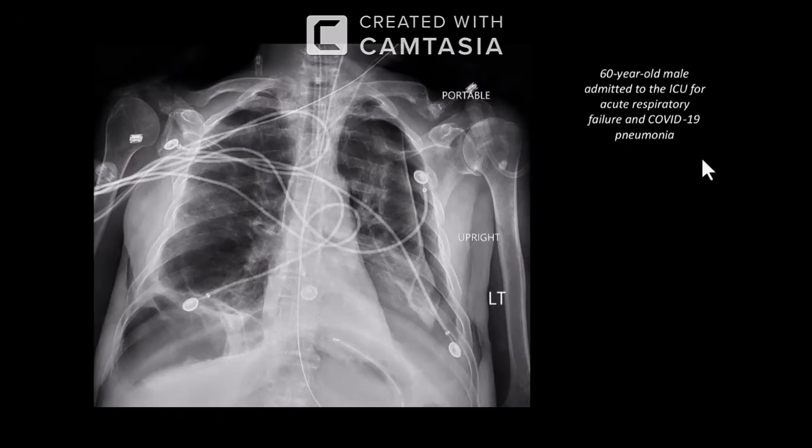So putting it all together, in this patient who has presented to ICU with acute respiratory failure, I'm suspecting a left-sided tension pneumothorax, which is an urgent finding and needs to be urgently informed to the on-call surgical team for urgent drainage of the pneumothorax.